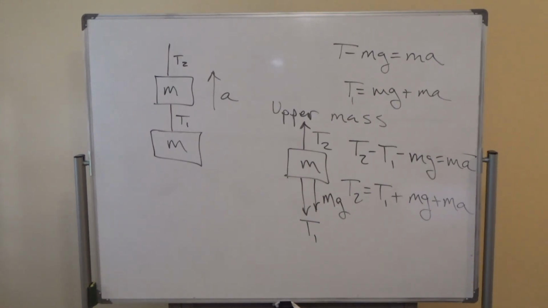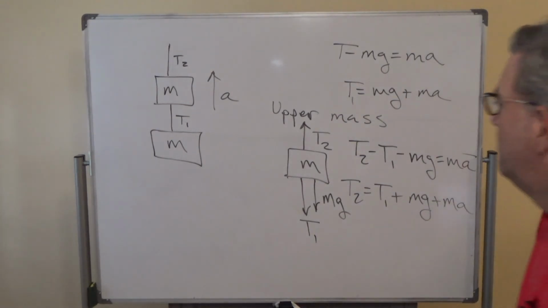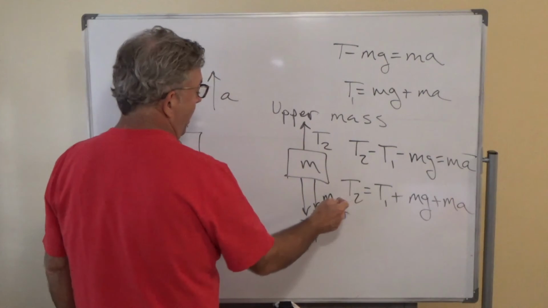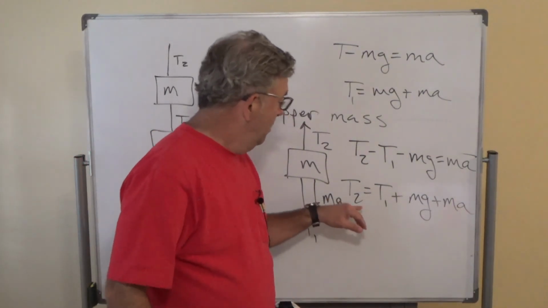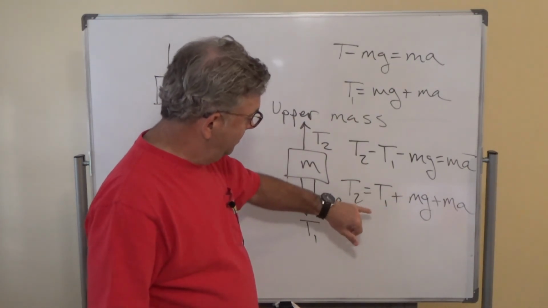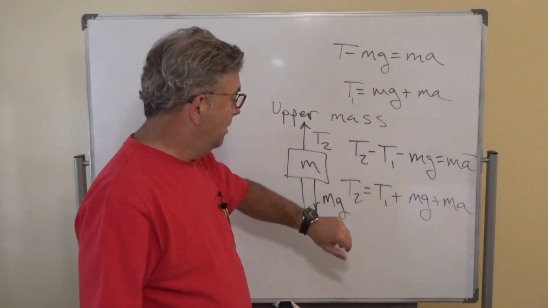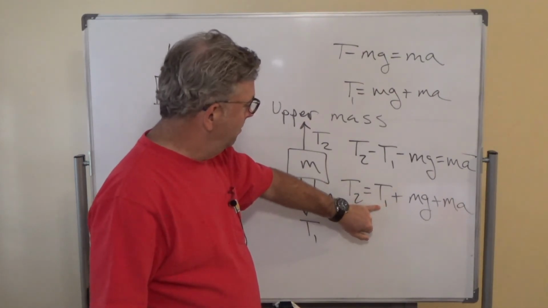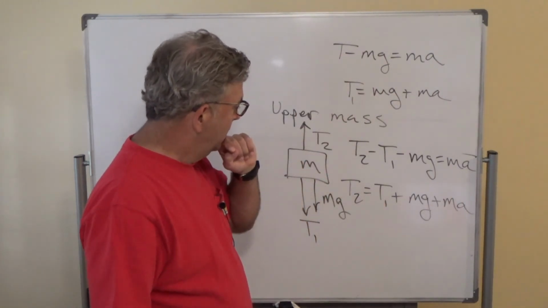Now for part B, the maximum tension the strings can withstand is 91.8 newtons. What is the maximum acceleration of the elevator so that a string does not break? Well, I'm sorry for getting these switched, but T2 is going to have that maximum tension. Given that tension, you can calculate the maximum acceleration. You have to go backwards.